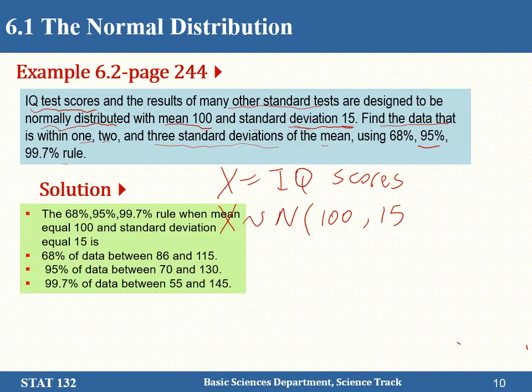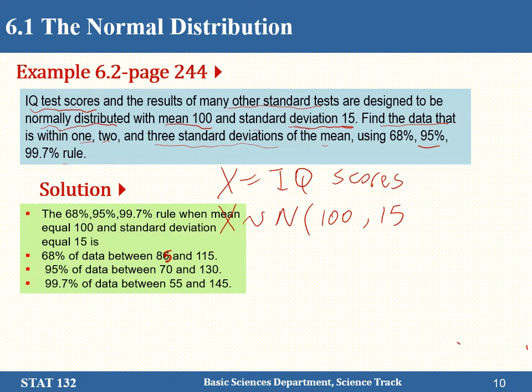As you see, it's 68% of data between 85 and 115, and 95% is between 70 and 130.